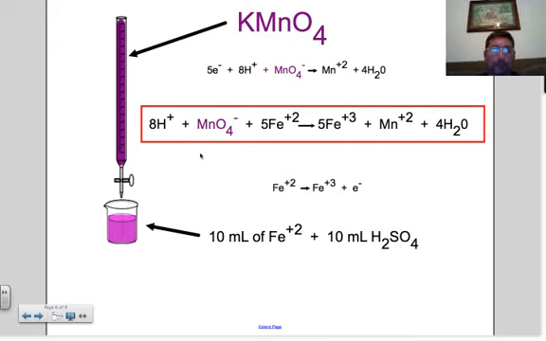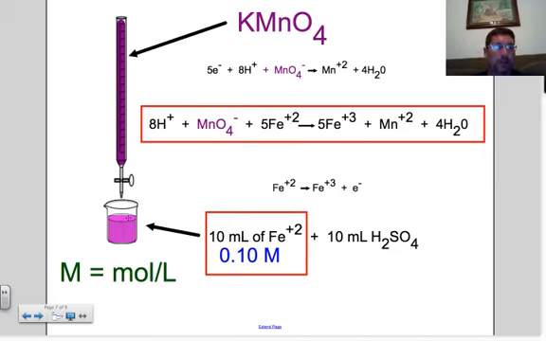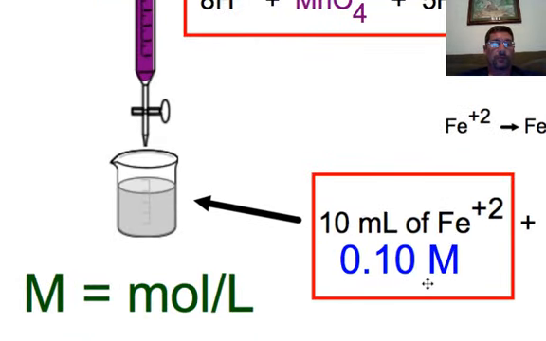Okay? Now, this solution right here is going to be the solution that we know the concentration of. It's going to be 0.1 molar. And remember, molarity is equal to moles divided by liters. So if we know the liters of iron 2 and we know the molarity of iron 2, then we can figure out the moles of iron 2.